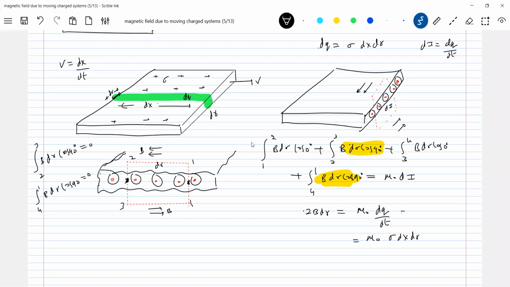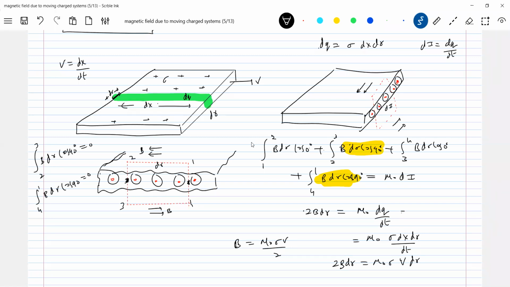Sigma dx dr by dt. Sigma, okay, dx by dt we can write as v. So this is dr. So finally, B is equal to mu naught sigma v by 2.